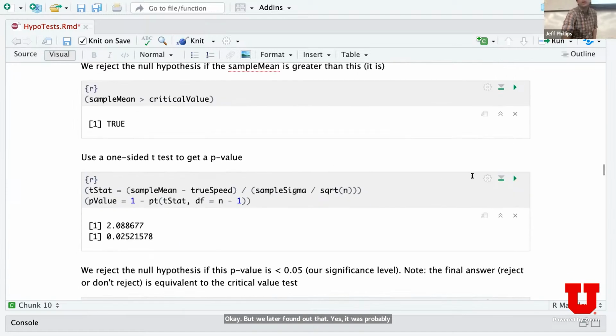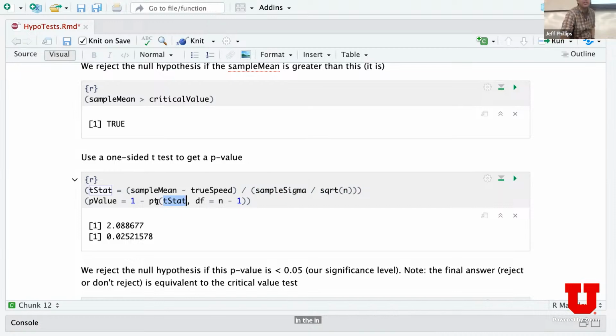We can also get a p-value. What you would do here is get a statistic, which is the sample mean minus the true speed. Look at how big this difference is, then divide by the sample standard deviation, and look at where this falls in the CDF.